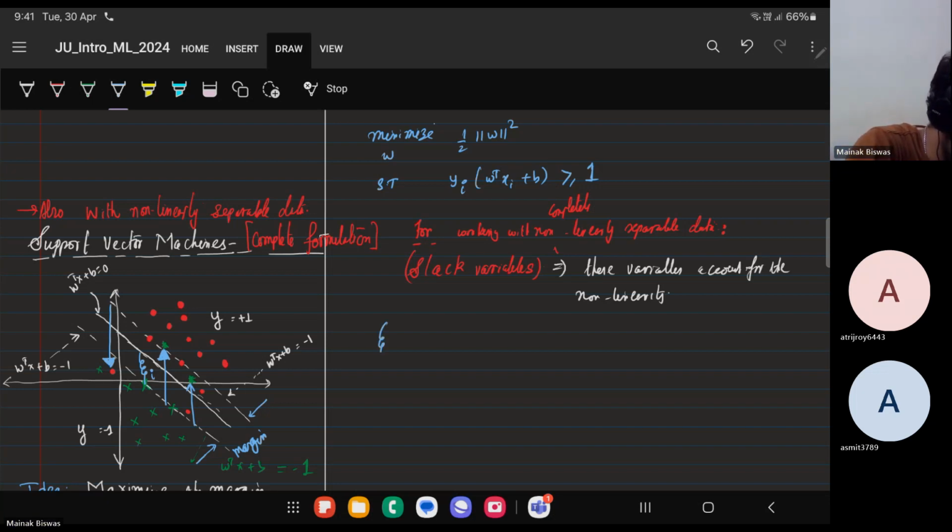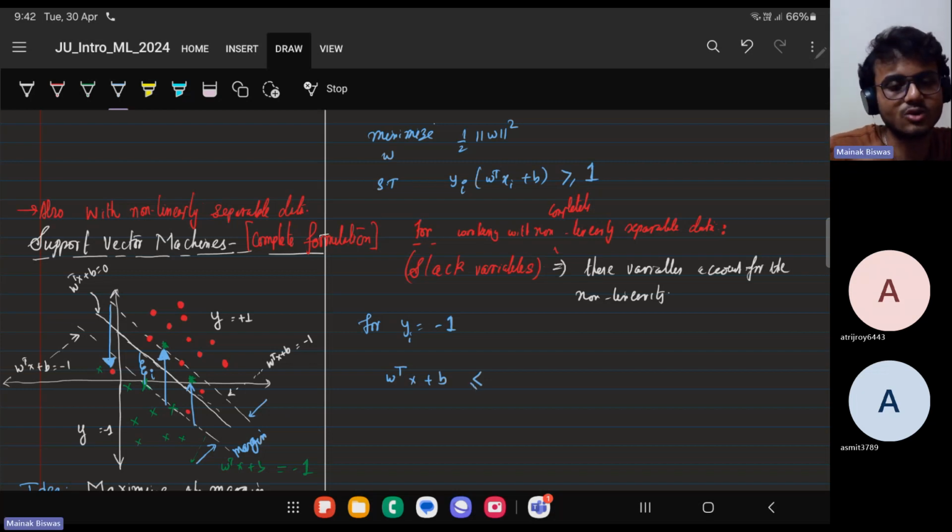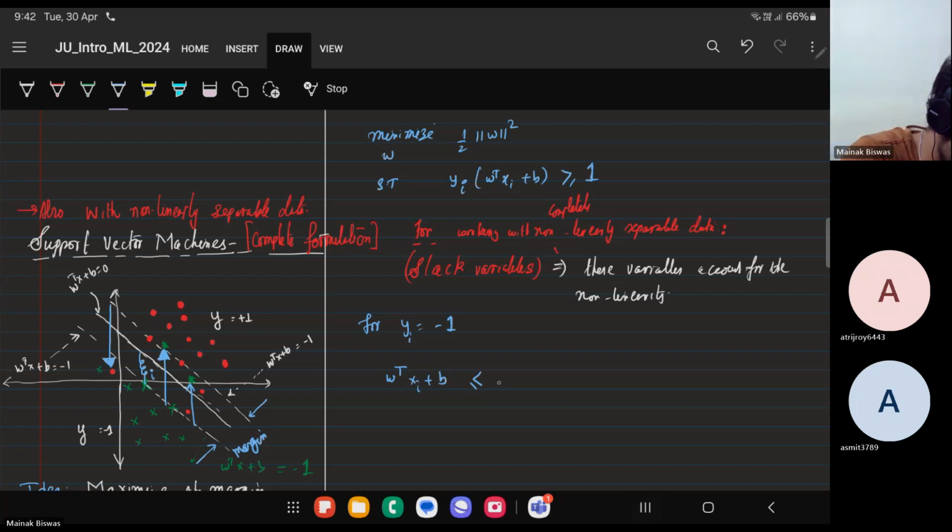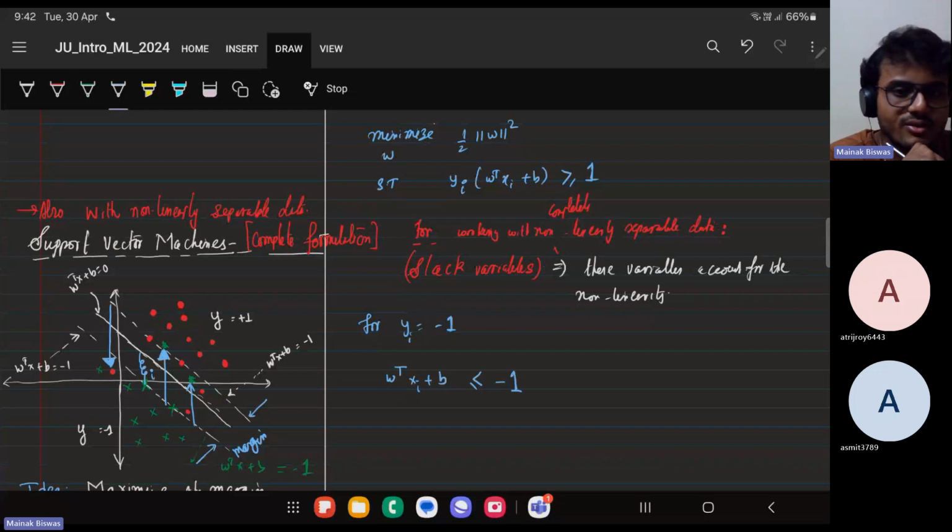Can I write for yi equal to negative points, can I write W transpose X plus B less than, normally what was it less than? In the previous formulation, it was less than -1, right? Yes, for negative points, we were seeing it was less than -1.